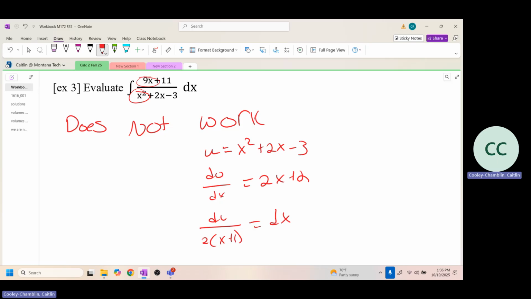Let's just see how it works. So we have the integral of 9x plus 11 over x squared plus 2x minus 3. Actually, I'm going to go ahead and substitute the u. We've been doing u substitution long enough that I'm just going to say u, du over 2 times x plus 1.